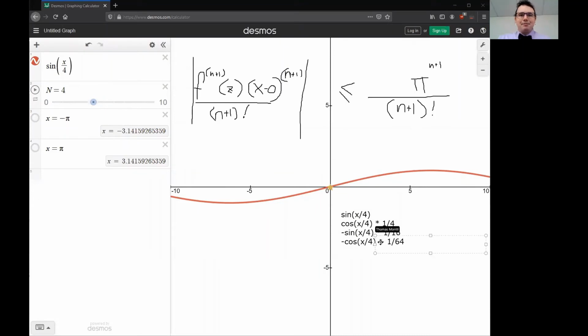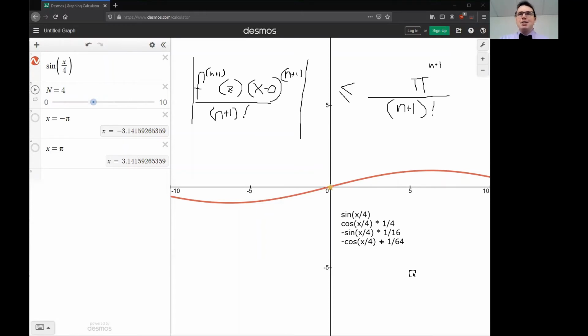These will always be multiplied by a fraction whose denominator is 4 raised to a power. What power is that? The power is the same as the number of derivatives we've taken. Every derivative gives me an extra power of 1/4.